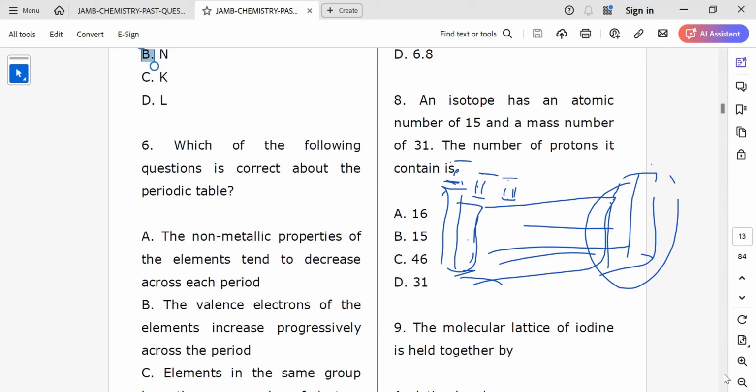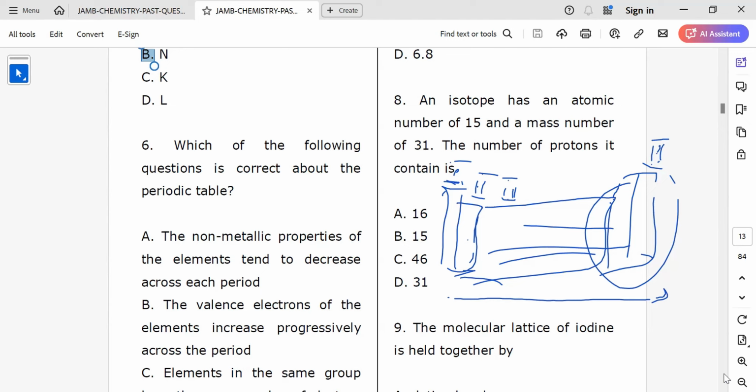Generally groups 1 and 2 are metals, and as you move from the metals, from group 1 to group 8 across the period, the non-metallic properties increase, they do not decrease, because group 1 is more metallic than group 2, group 2 is more metallic than group 3, and group 3 is more metallic than group 4.